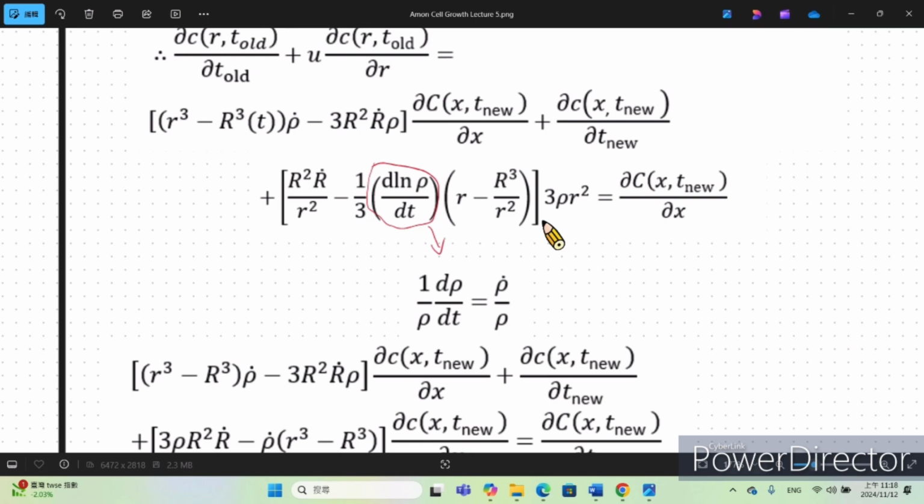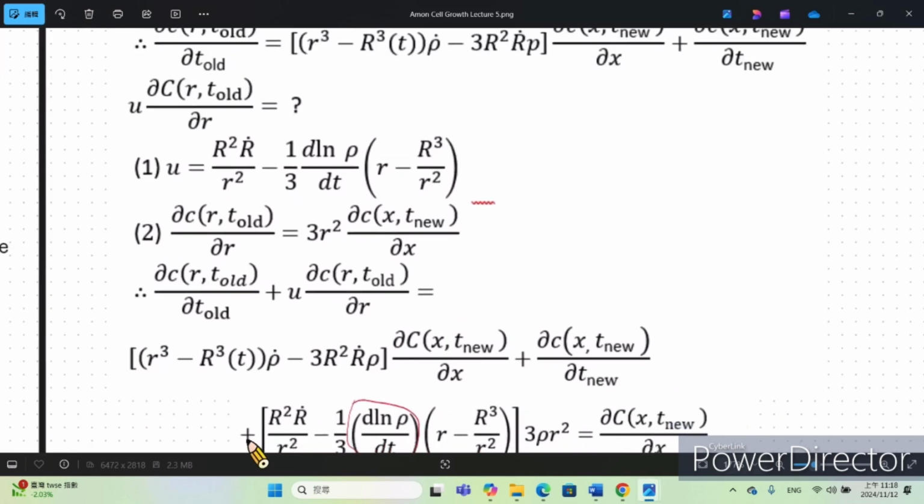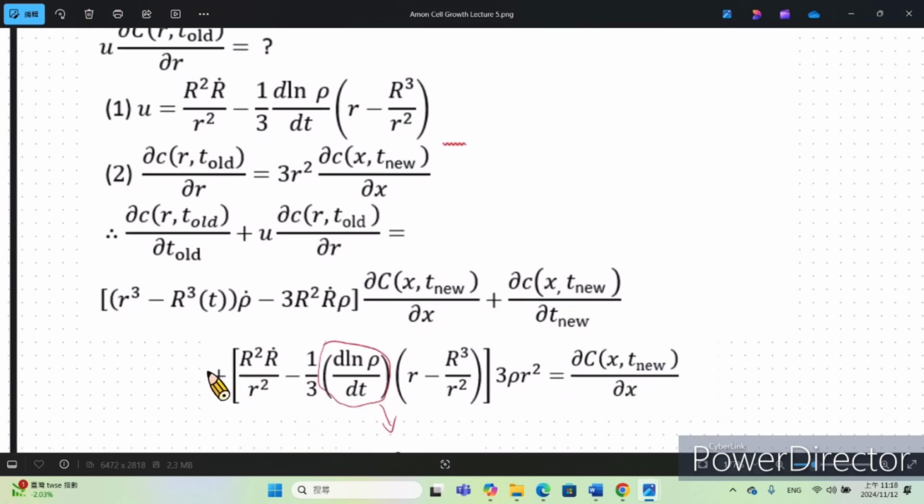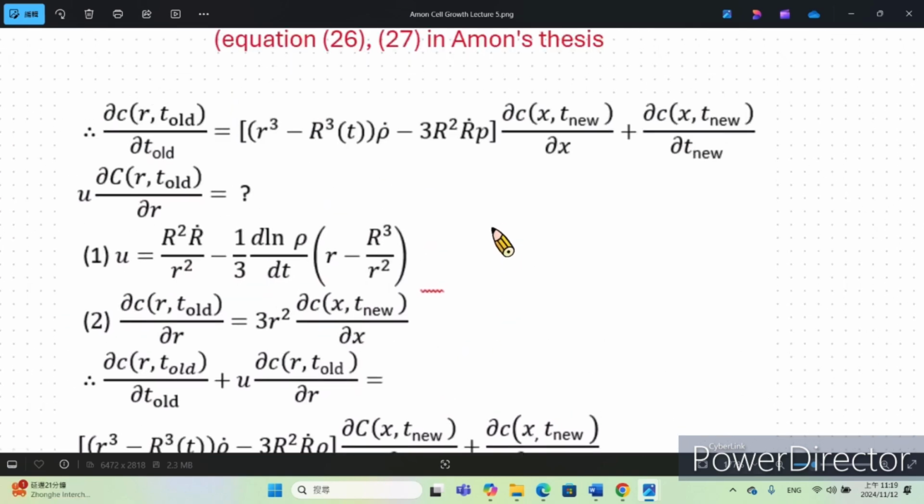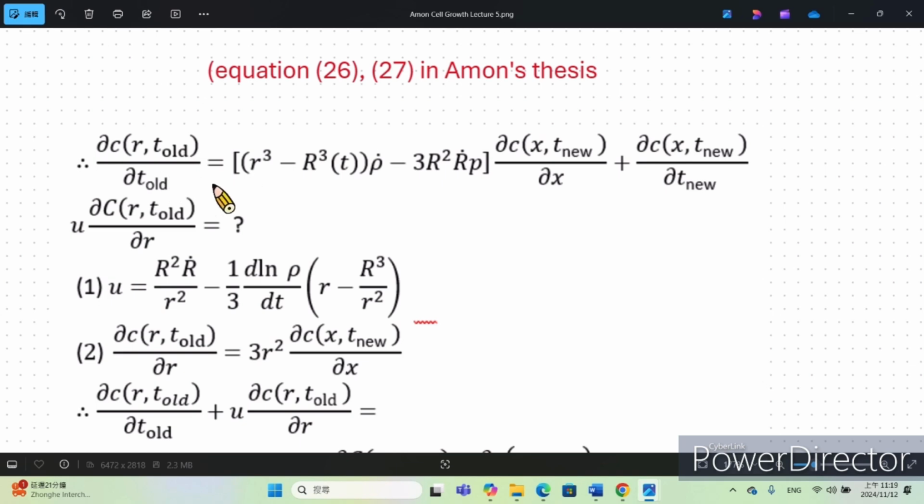Let me think about how I can explain more carefully. For this part, partial C, partial R, TO differentiated with TO, let's use the relationship between partial TO, partial TTO, and partial TT nu.